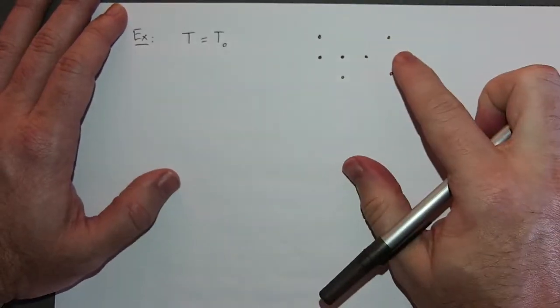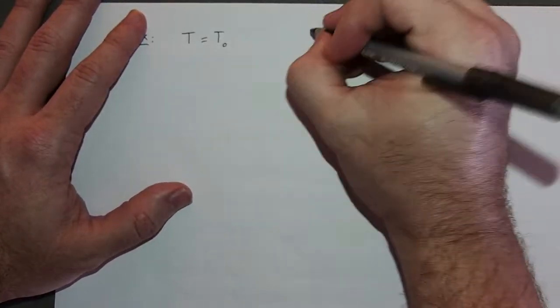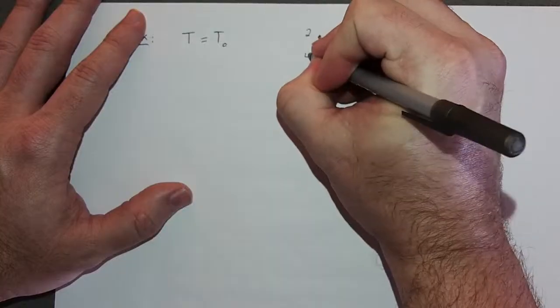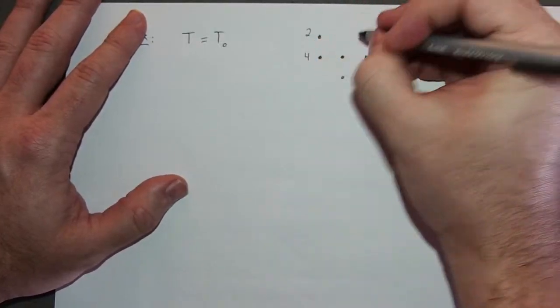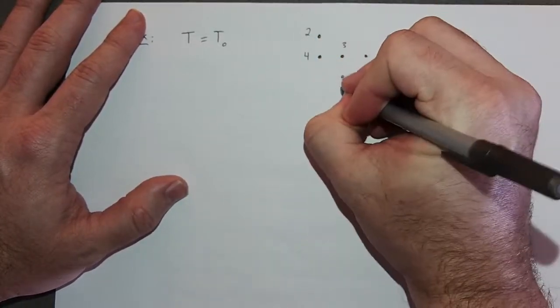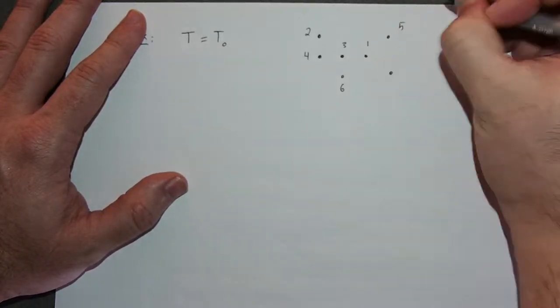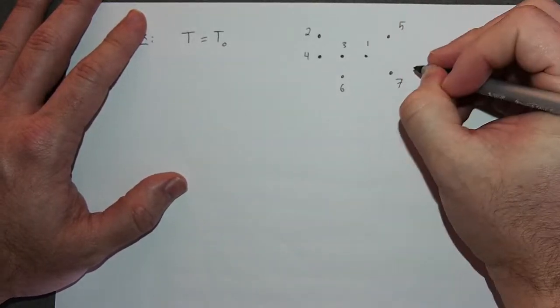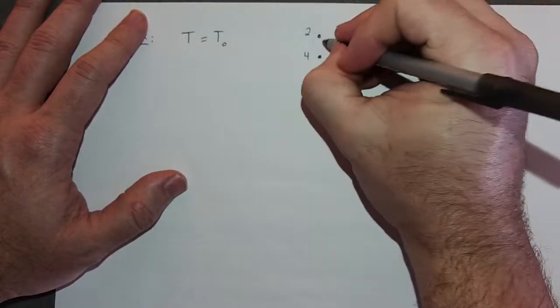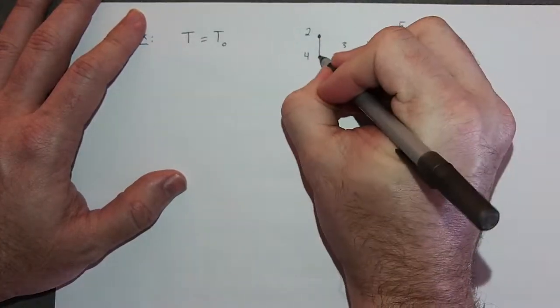How do I want to label this? So this is 2, this is 4, this is 3, this is 6, this is 1, this is 5, and this is 7. And how do I want to draw the tree in?